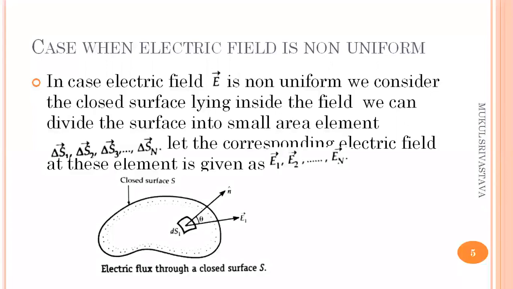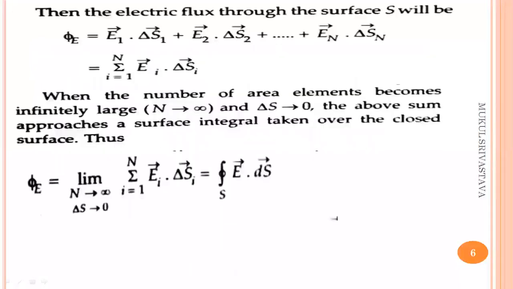Now we are going to put a sigma sign over there. In the next slide, we put a sigma sign, taking i from 1 to n, of Ei vector dot delta Si.